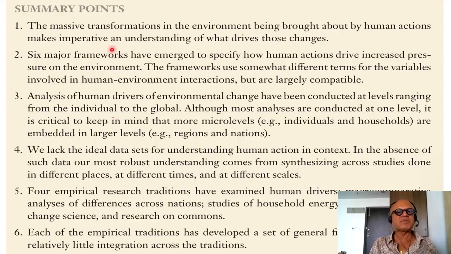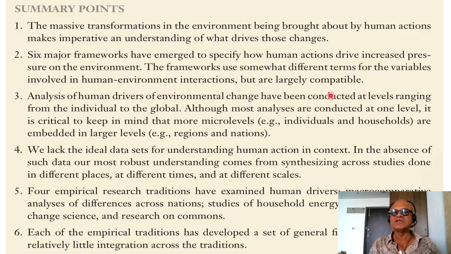So the summary from this paper that I'll just read off, since this is just a brief introduction, it's good to know what points were being made. The massive transformations in the environment being brought about by human actions make imperative an understanding of what drives those changes. So what are the human drivers? Six major frameworks have emerged to specify how human actions drive increased pressure on the environment.